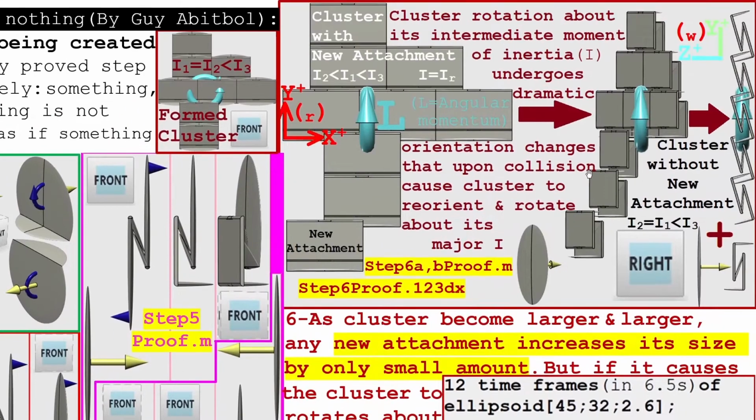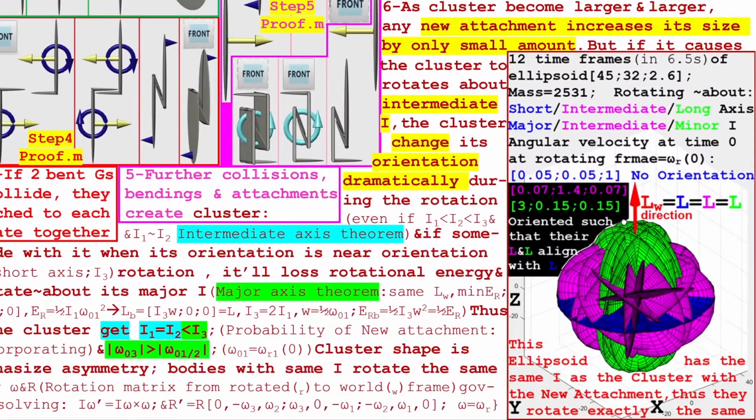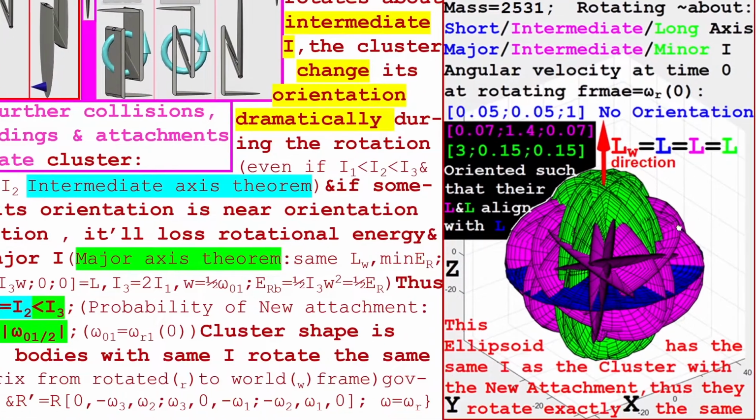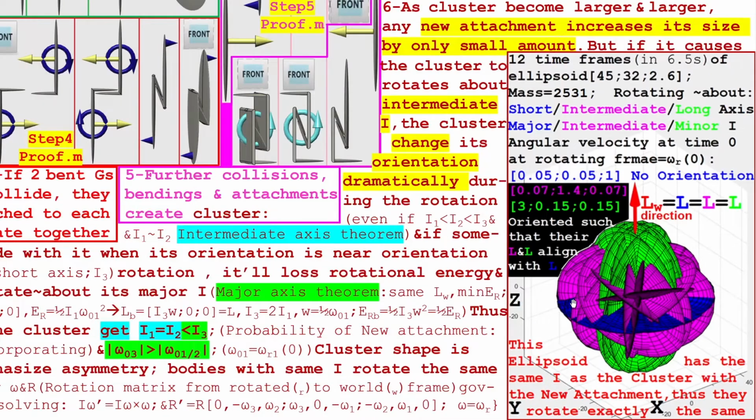But if the new attachment changes the moment of inertia, such that the cluster now rotates about its intermediate moment of inertia, then the cluster changes its orientation dramatically during the motion, even if the intermediate moment of inertia is just slightly bigger than the smallest moment of inertia, by the intermediate axis theorem.